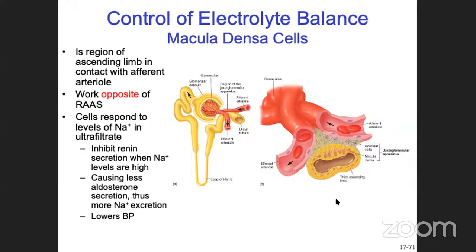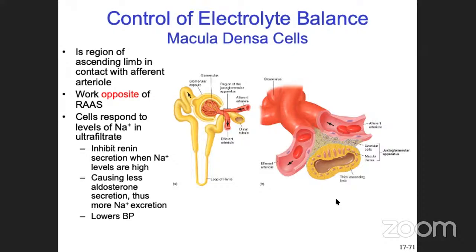So in this case, we have these macula densa cells that work opposite to the RAS activation. Okay, they respond to the level of sodium in the ultrafiltrate. They inhibit renin production by the kidney, and it causes less aldosterone secretion, and then it can lower the BP.